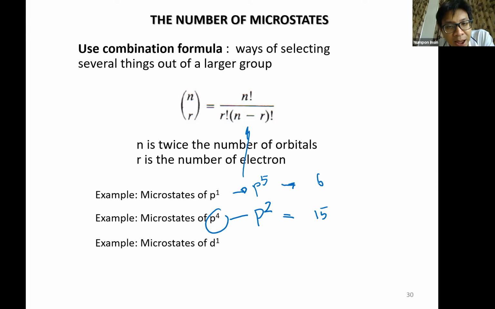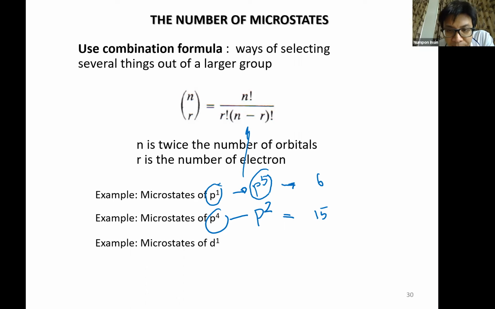Because this is what we call the hole formulation. This one has 1 electron and 5 holes. But for P5, they have 5 electrons and 1 hole. So hole and electron have actually the same spin, right? The same ML, but just opposite.